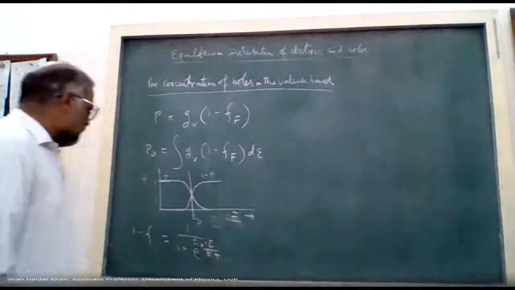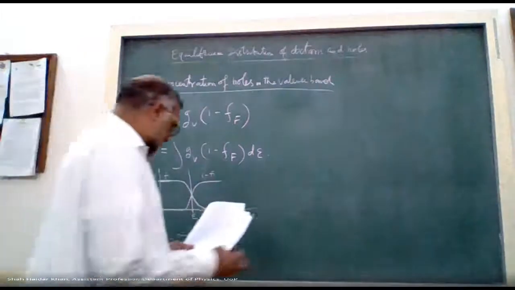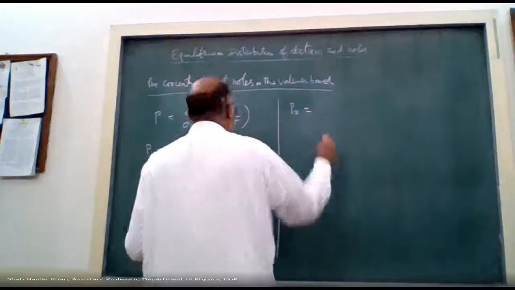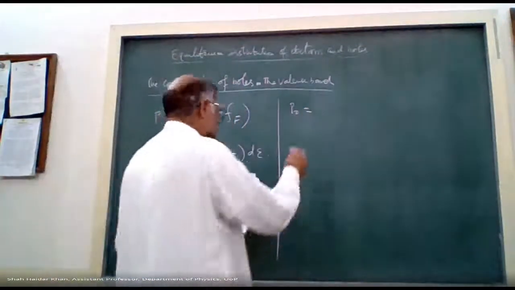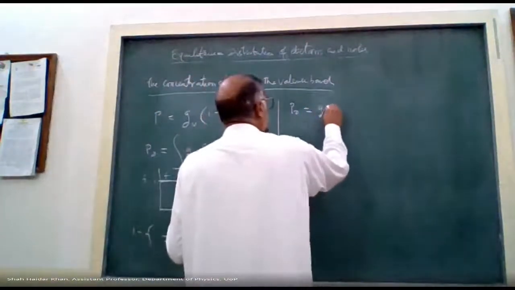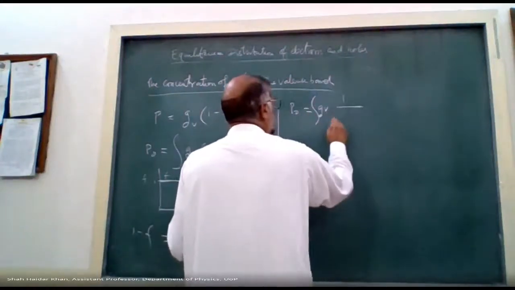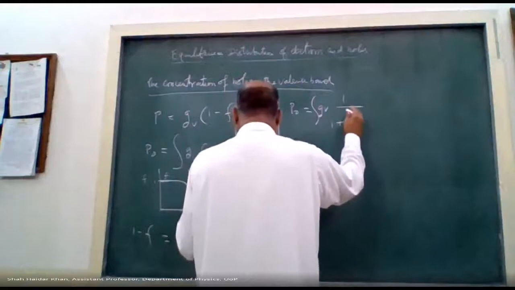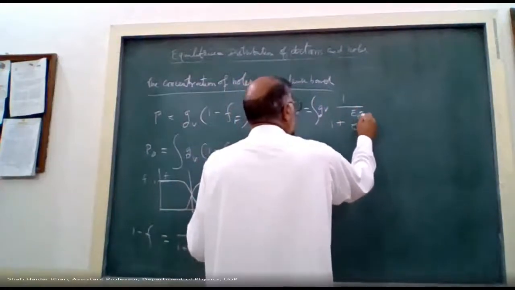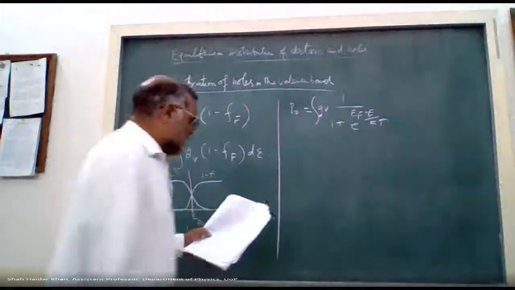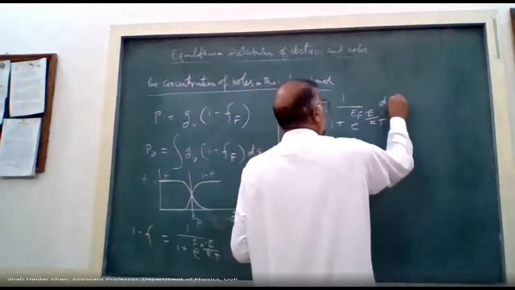So p naught will be equal to the integral of GV times 1 over 1 plus e to the power EF minus E over KT, into dE.